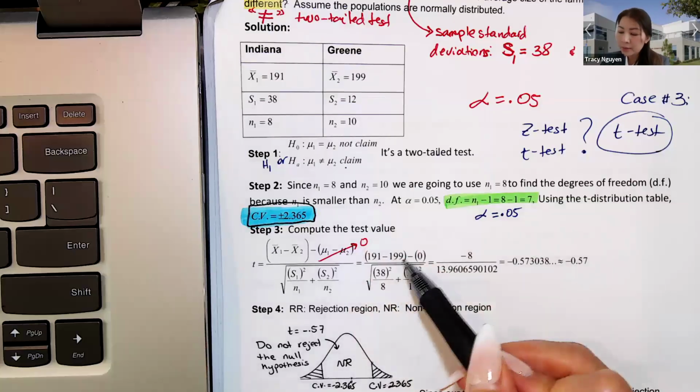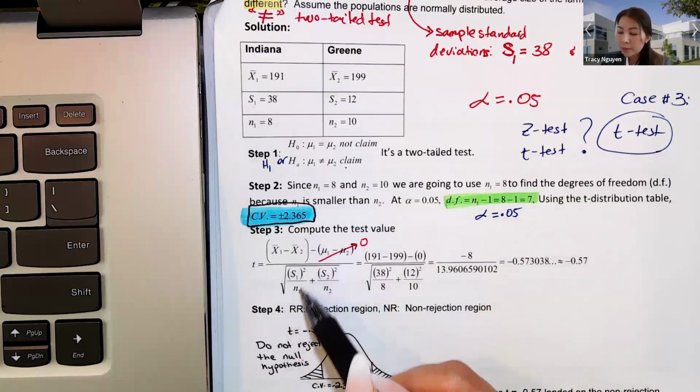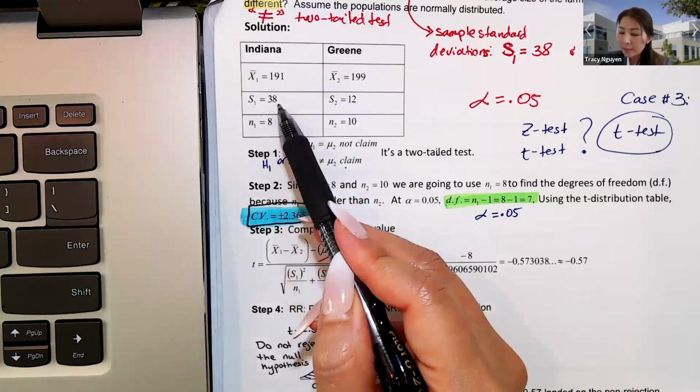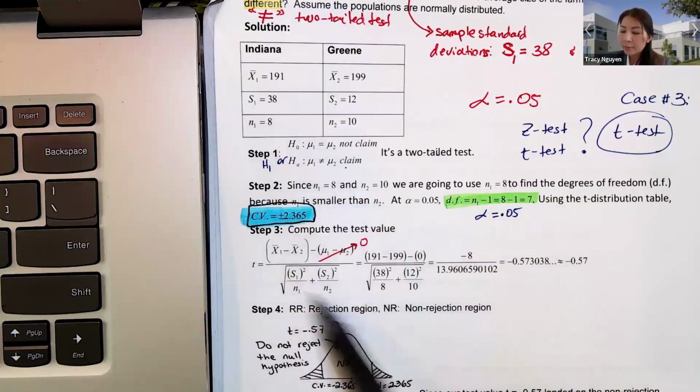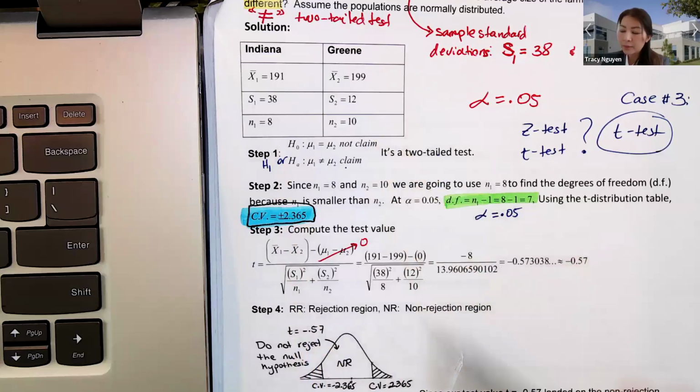So that is the numerator. The denominator is the square root of s1 squared over n1, meaning 38 squared over 8, plus s2 squared over n2, meaning 12 squared over 10. The way we do our computation is exactly like how we did it in section 9.1.